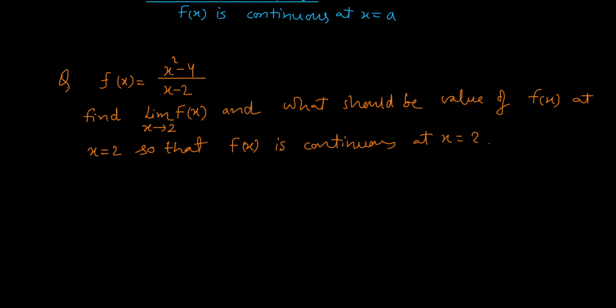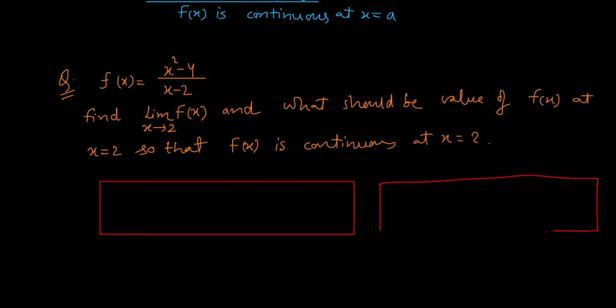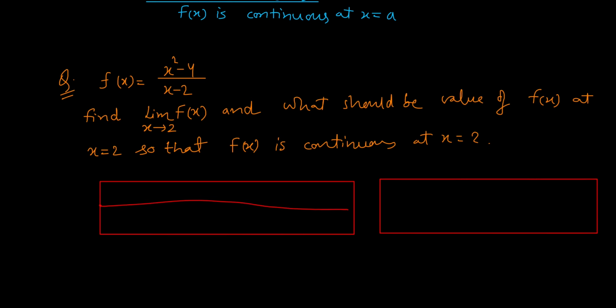This is our question. The first step is, what is the limit of this function? Let us see. We will make a table here to find the left hand and right hand limit, with x values and corresponding f(x) values.